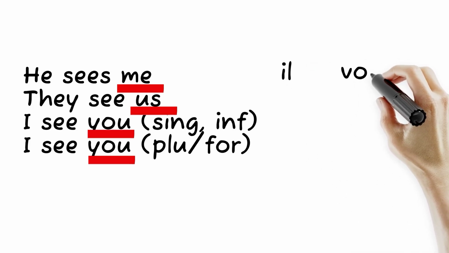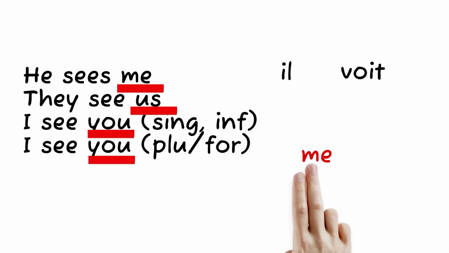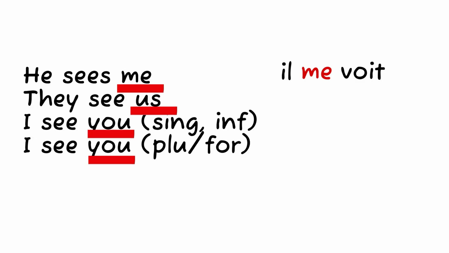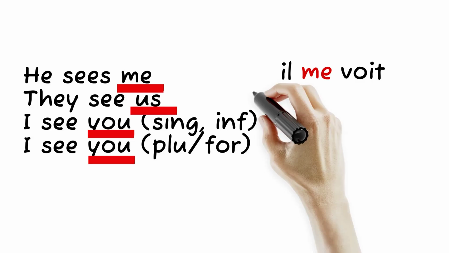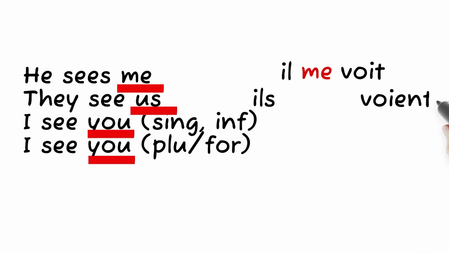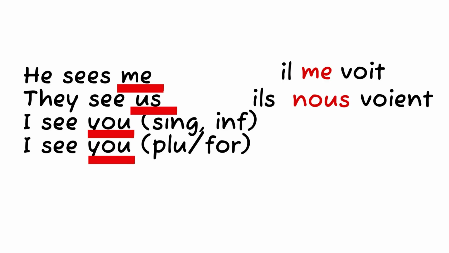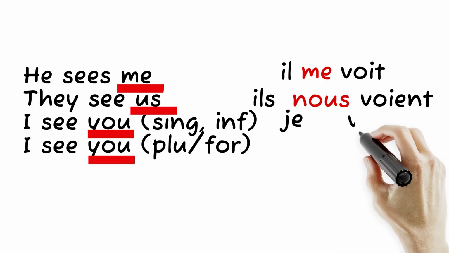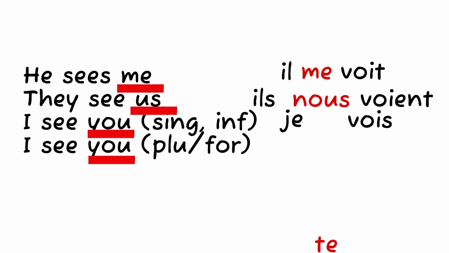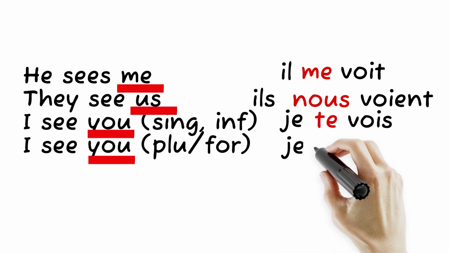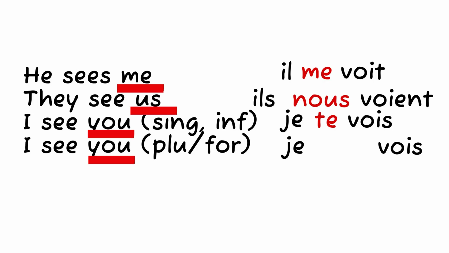So he sees me, il voit, and me in French is me. So, il me voit. They see us. We start with they see, il voit. And us in French is nous. So, il nous voit. I see you, je vois. And you is te in the informal. So, je te vois. And the same, but with vous this time for the plural or formal. Je vous vois. I see you.